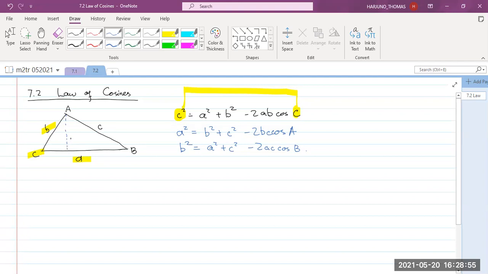Our plan will be, I will find the altitude here, and I will find the length for this part. Let's call that D. Therefore, this part here will be A minus D. Now, because this is an altitude, C squared equals H squared plus (A minus D) squared.